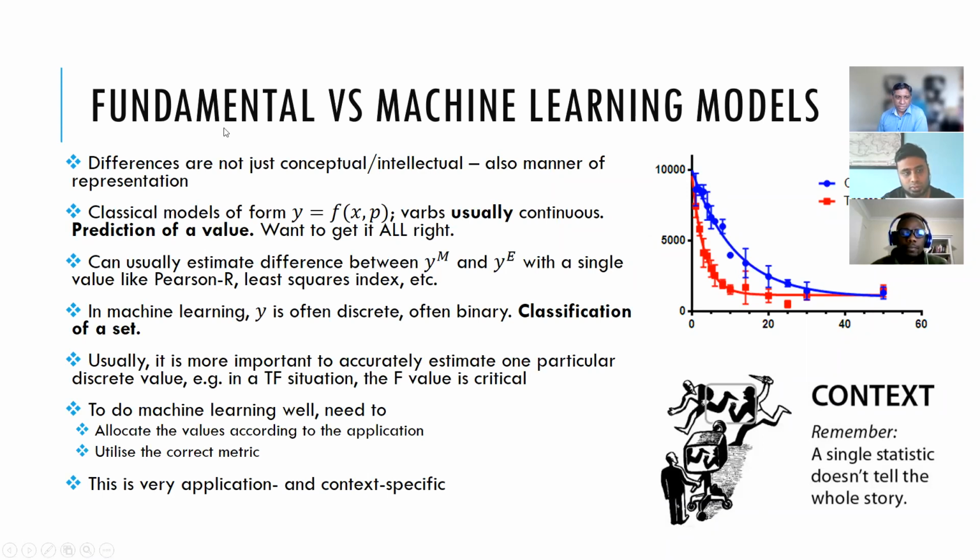this slide is just explaining the difference between the, it says fundamental type models versus the machine learning models, but it's not exactly about fundamental versus machine learning. It's more about the difference between predictive type models and classification type models, right? So that's one difference.